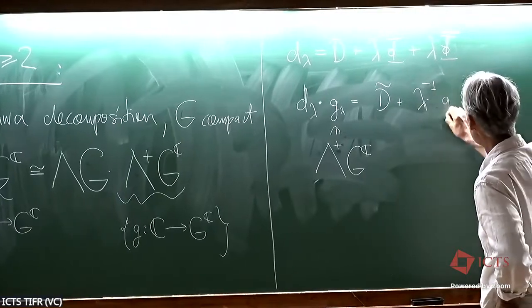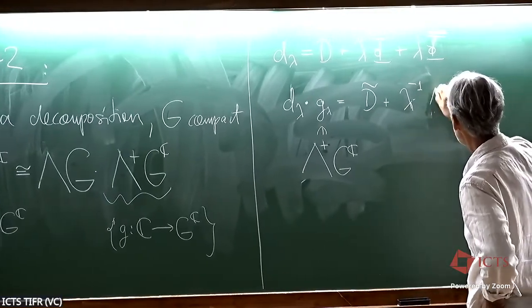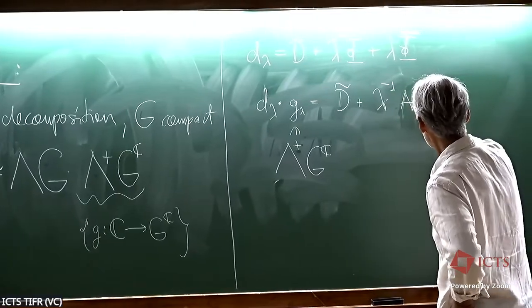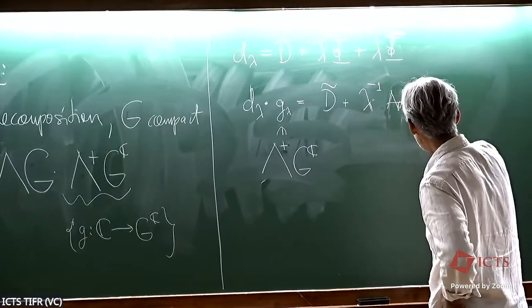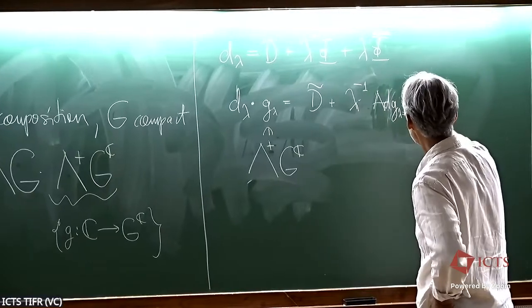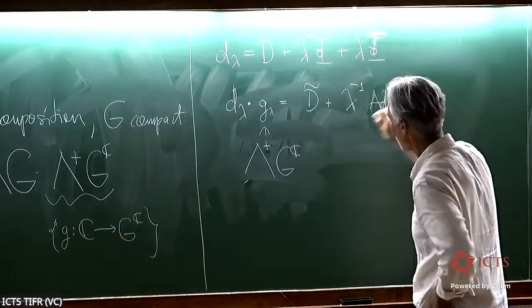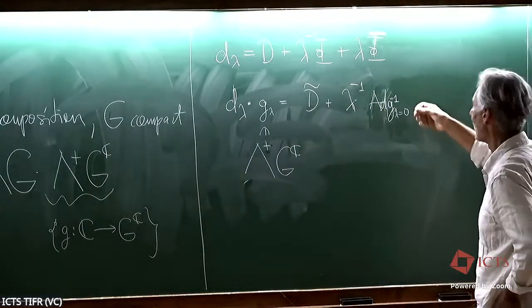And here you just have a conjugation. So here you get g lambda inverse phi g lambda at lambda equals 0, and I think it's inverse, unfortunately. That's because I gauge from the right, but that's all irrelevant.